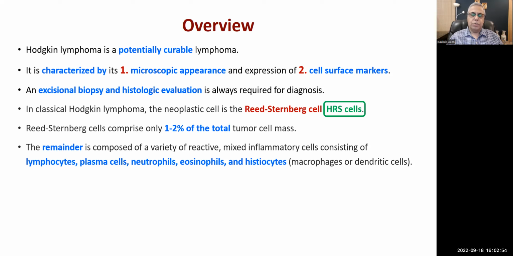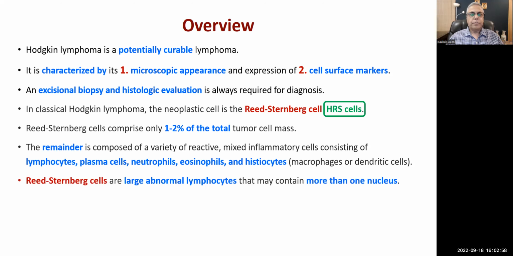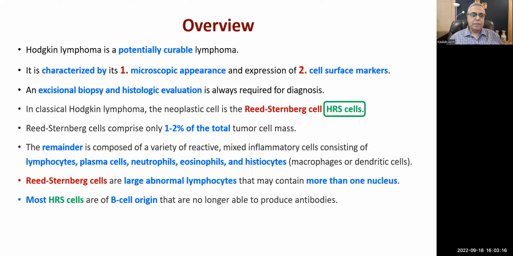And this also shows you that it is a disease of the immune system. So Reed-Sternberg cells are large abnormal lymphocytes that may contain more than one nucleus. For pathologists, it is very easy to identify these cells after preparing the slide and after properly staining those cells.